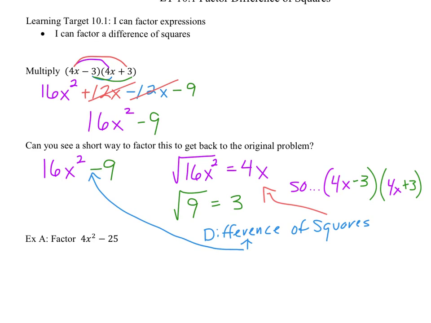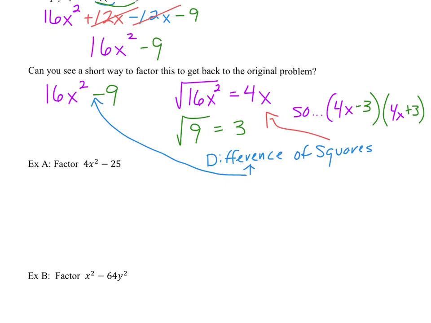So let's try this. I have 4x squared minus 25. I check that there are two things being subtracted to take care of that difference part. And then I check to see if I can square root them. So the square root of 4x squared, what does that give you?